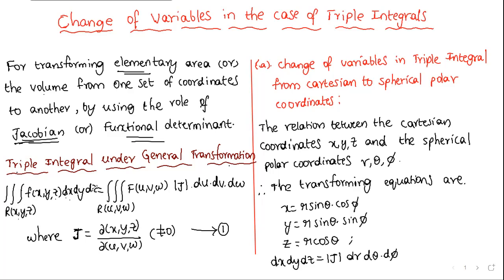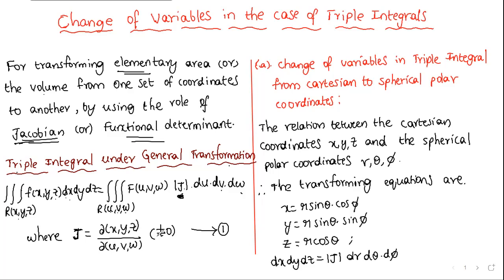Triple integral over R' from xyz to uvw: the function will change into f of u v w into mod J, J meaning the Jacobian value, into du dv dw, where the Jacobian J is equal to dou of xyz over dou of u v w. Here we observe that the Jacobian value is always a non-zero number. So that is equation 1.